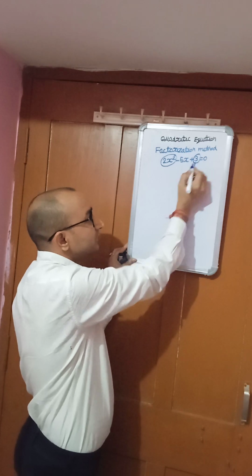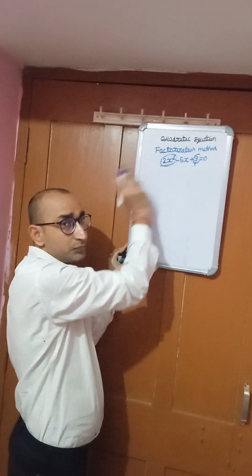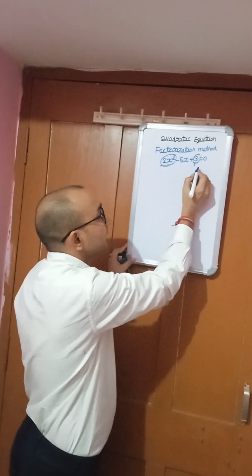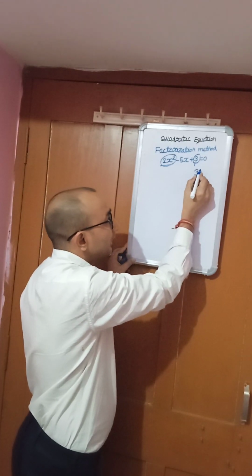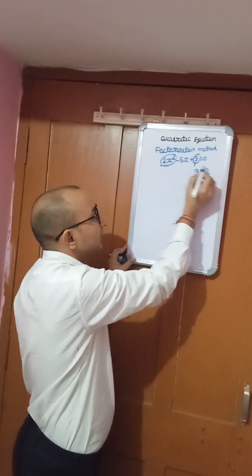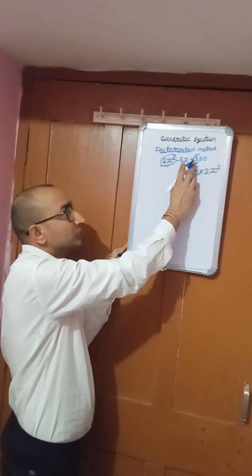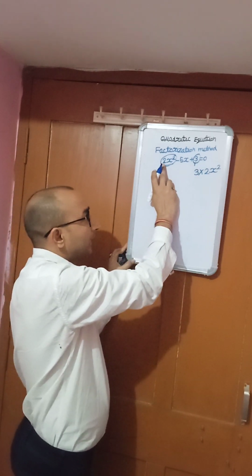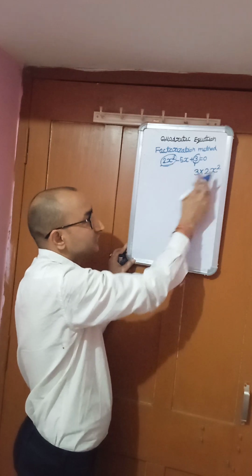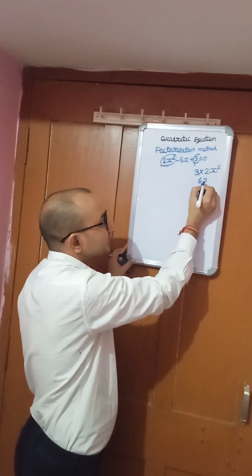This term is the constant here, and this term is x square with its coefficient. So we multiply the constant term and this a and this x square. So this comes as 6x square.